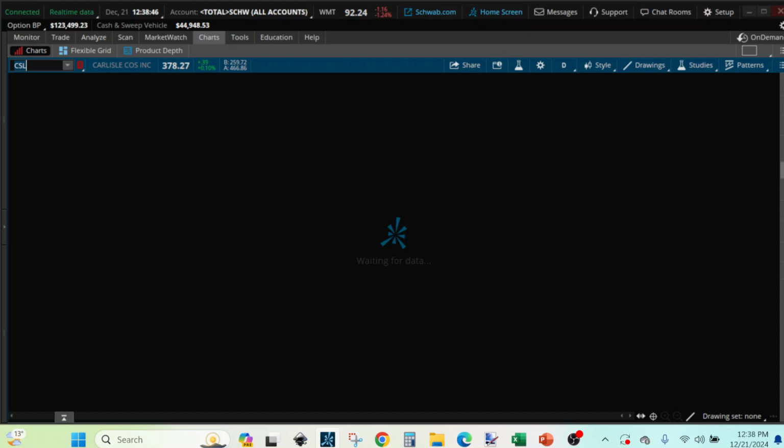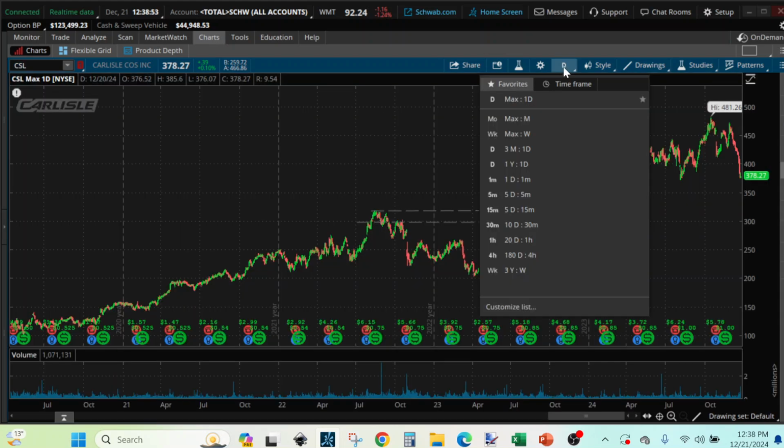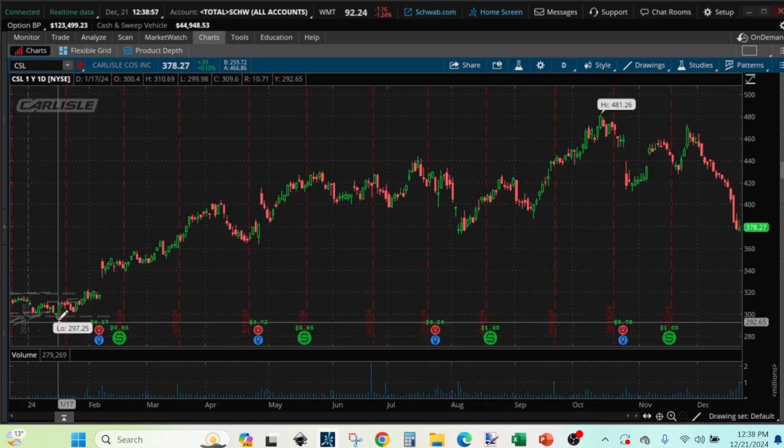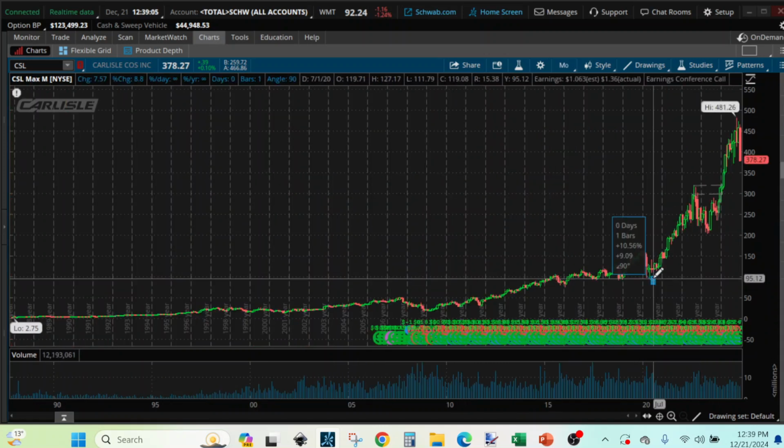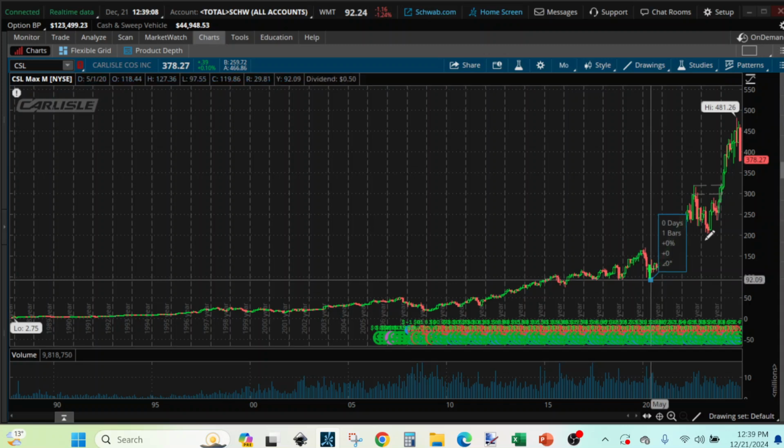Let's go to 1 year daily chart for this. Okay, this is okay as well. We'll go to maximum monthly chart to see what we can trace here.